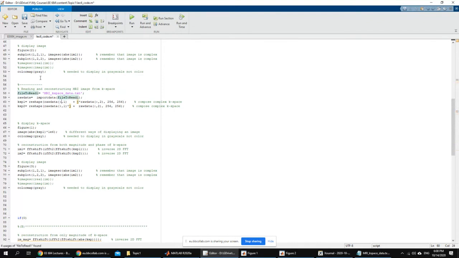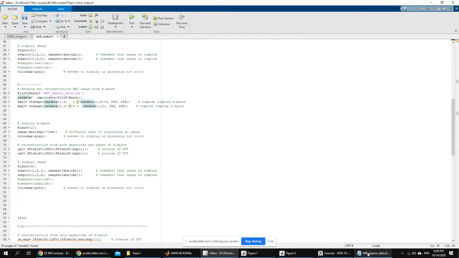In this one here, I'm just going to multiply this imaginary part by 0. Now the image has only the real part, the first column. Here, I'm going to multiply the first one by 0, so now the k-space data is only the second column.